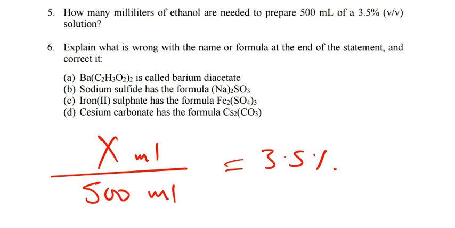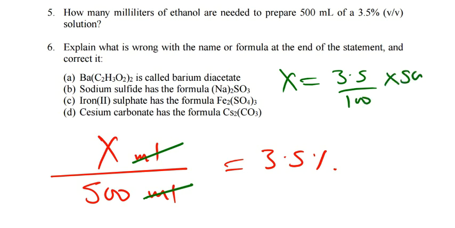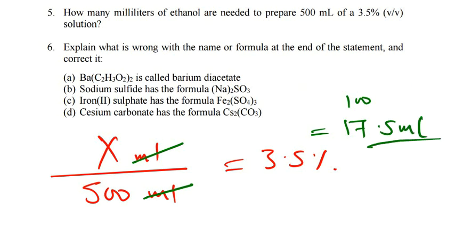The volume to volume just implies we're dealing with volumes there, okay, which we can directly divide. So we end up with our X to just be 3.5% multiplied by 500, which is just going to be 17.5 milliliters. Okay, that's how simple that question is.